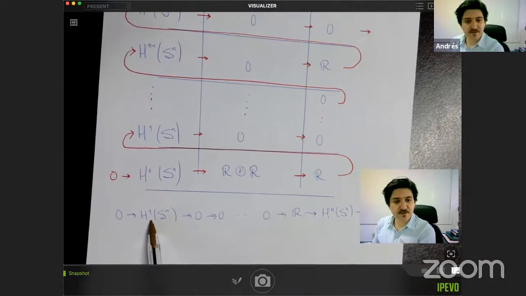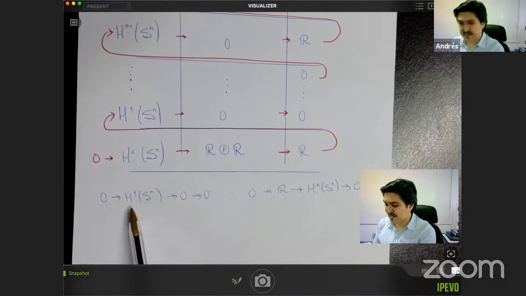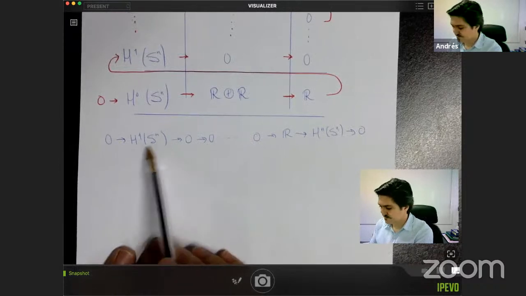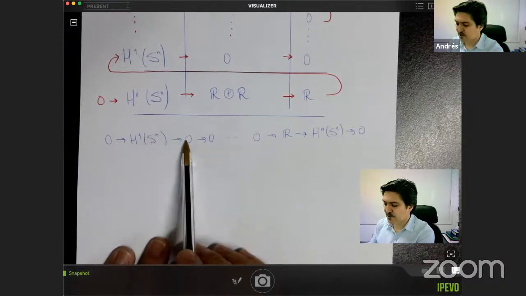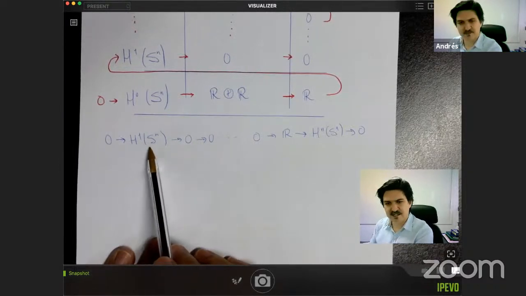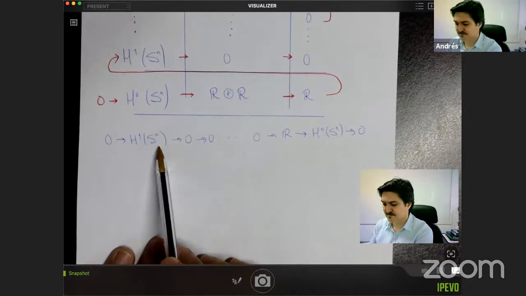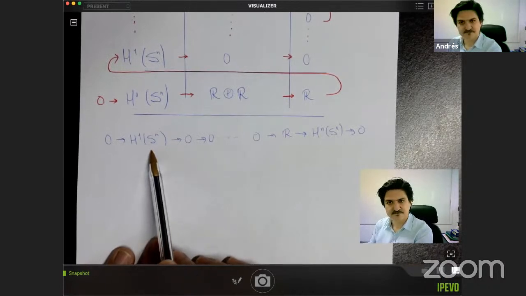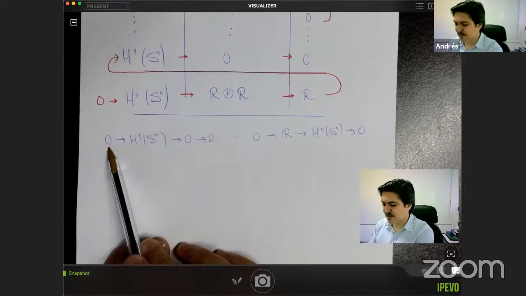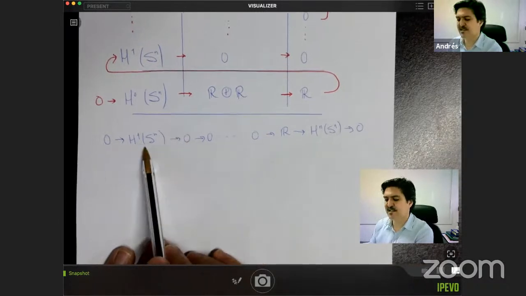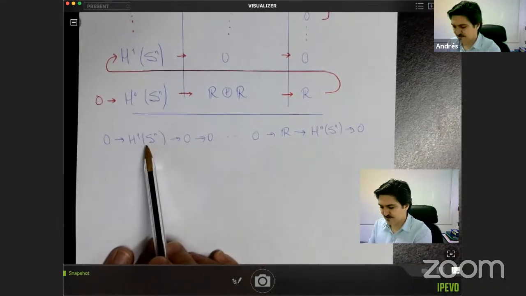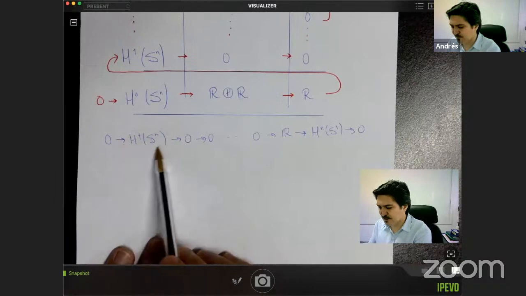So this vector space in this exact sequence is between two zeros. What can you tell me about this vector space?